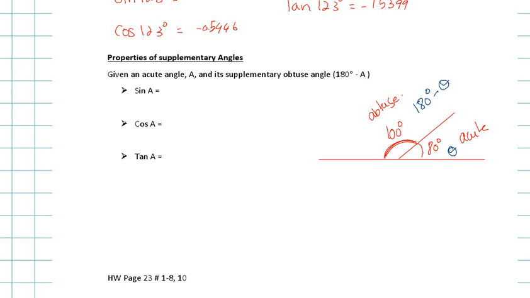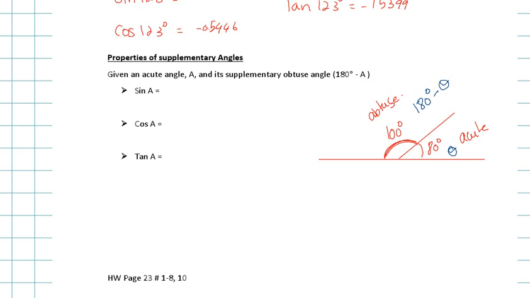If this is theta, we did it with numbers. If this is 80, then this is 180 minus 80, which is 100. If this is theta, whatever that is, could be 50, 40, 30, 20, 25, 21, whatever that theta is, to find this angle I have to do 180 minus that.